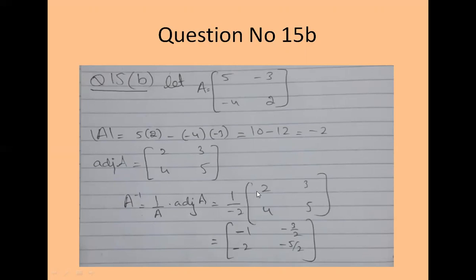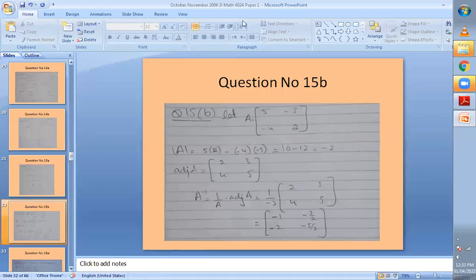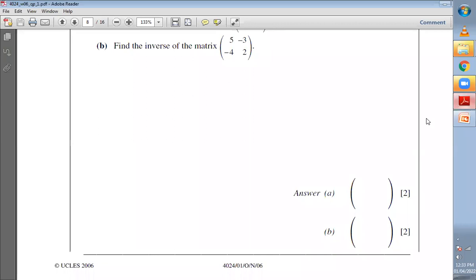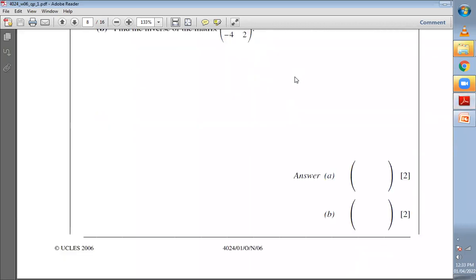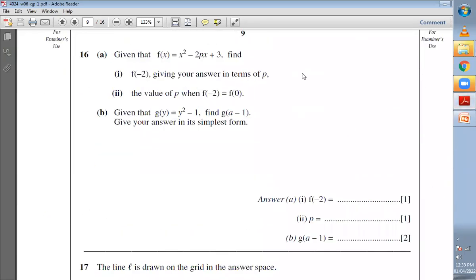So when 1 by minus 2 is multiplied with this, 1 by minus 2 multiplied by 2 gives you minus 1, 1 by minus 2 multiplied by 3 gives you minus 3 by 2, 1 by minus 2 multiplied by 4 gives you minus 2, and 1 by minus 2 multiplied by 5 gives you minus 5 by 2. So that is the inverse of that matrix. Hopefully you understand. So we are done with this question number 15.